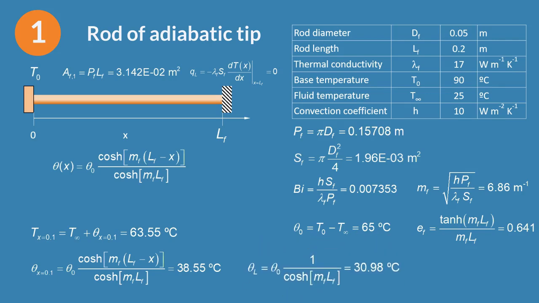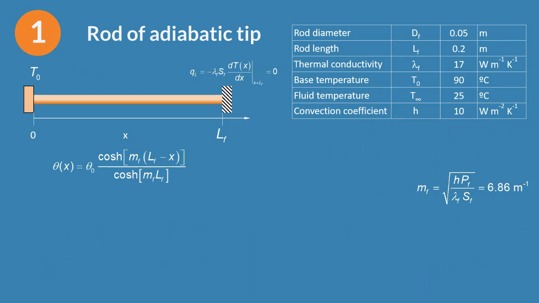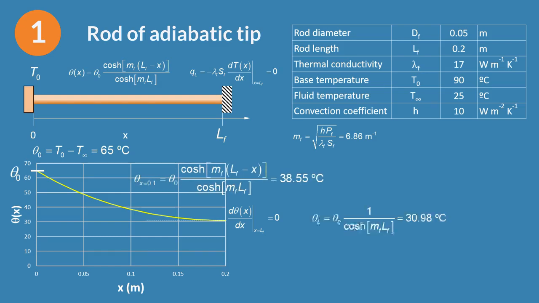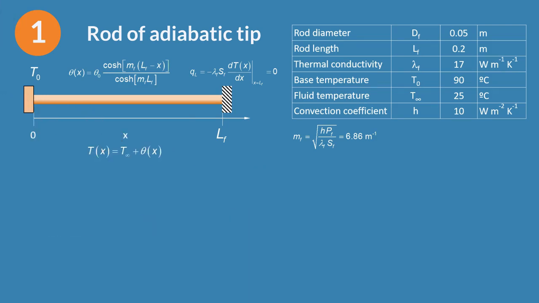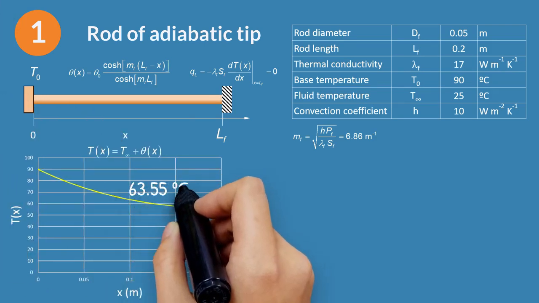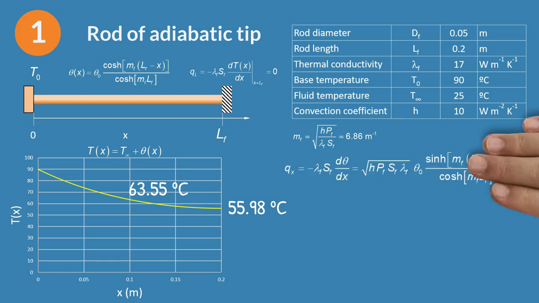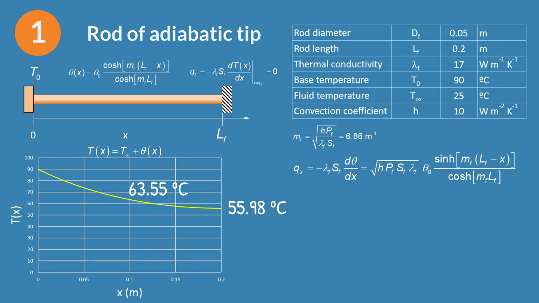For the tip of the fin, the expression for calculating the temperature is more simple. With the excess temperature function, theta 0, m, and Lf, we can calculate the excess temperature at any position, and the temperature at any point of the fin. From the temperature distribution, and applying Fourier's law, we can find the conduction heat transfer rate at any point.